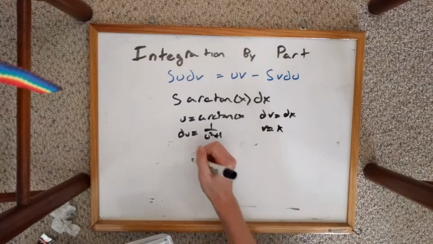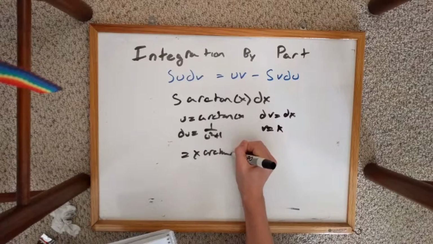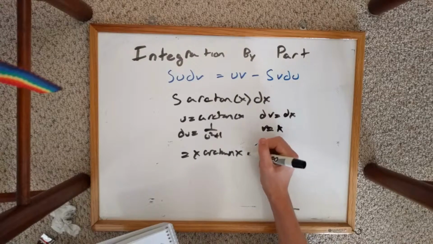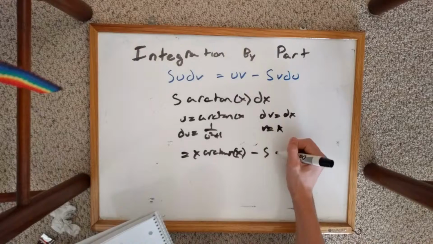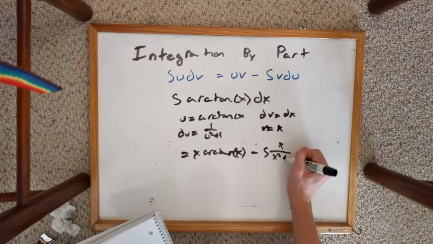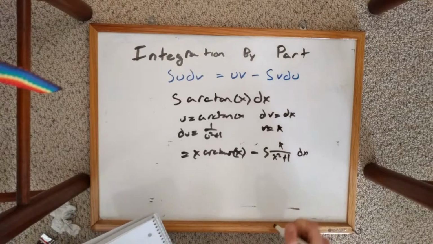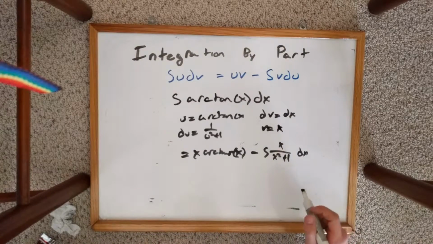Alright, so going through, we're going to get x arctangent of x minus the integral of x over x squared plus 1 dx. Now for this, we can solve this just by doing a completely normal u sub.